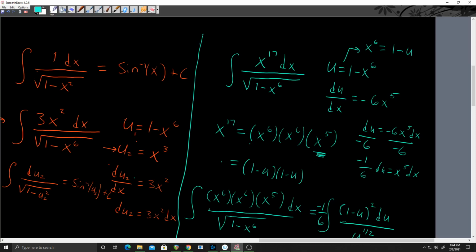And I'm taking the numerator, and I'm saying, okay, well, 17 is 6 plus 6 plus 5. And I need the 5. The 5 is very important. I need the 5 for the du. Because if u is 1 minus x to the 6, then you're going to need at least x to the 5 for that to work.